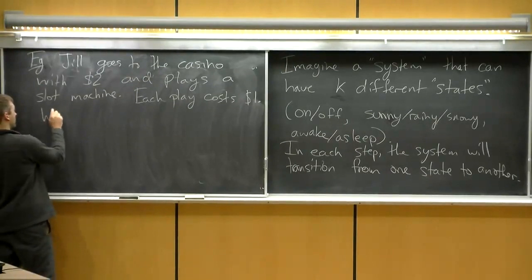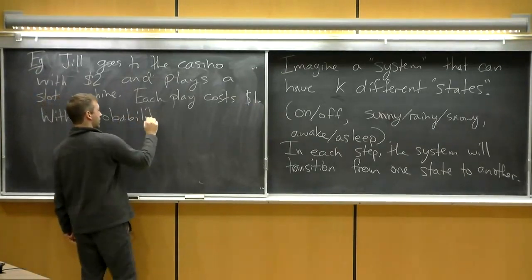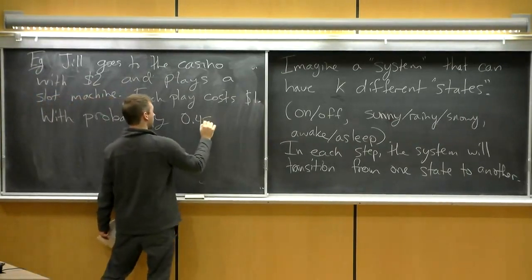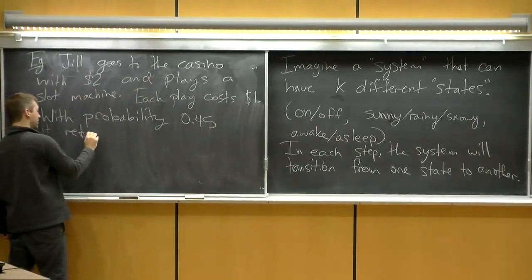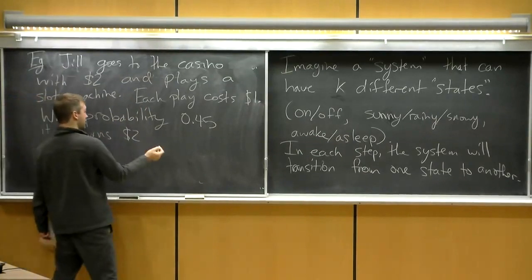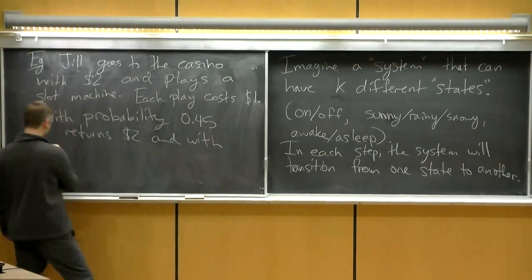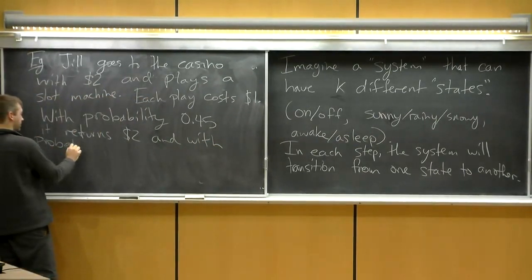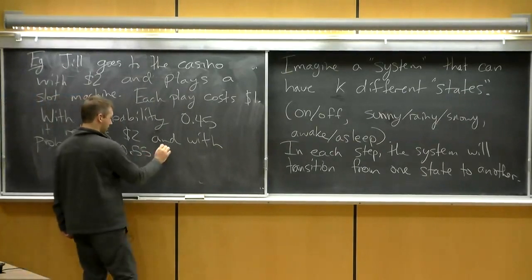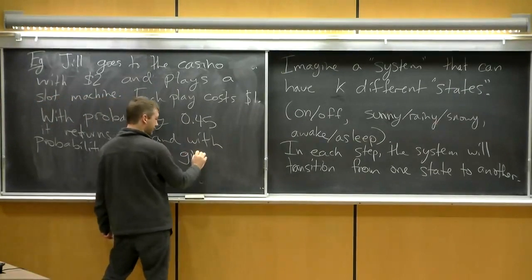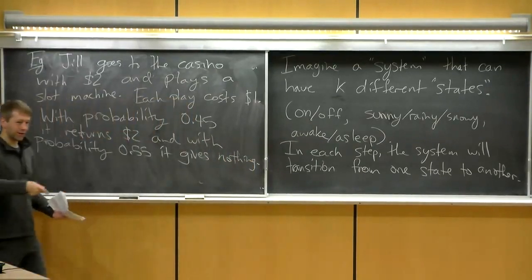So with probability 0.45, it returns $2. And with probability 0.55, it gives you nothing. Right, just your dollar goes in and nothing comes out.